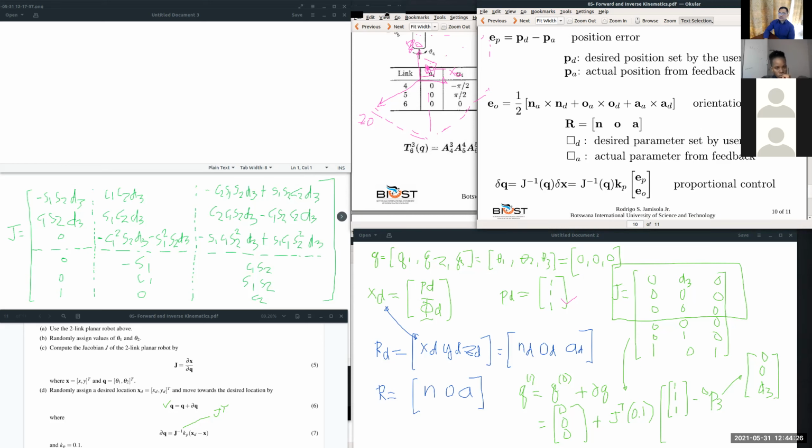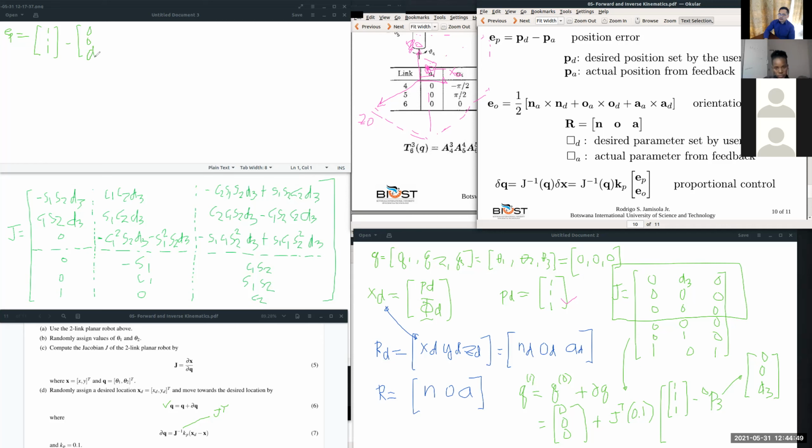So the error in the position, we already know. So the error in the position is equal to 1, 1, 1 minus 0, 0, D3.